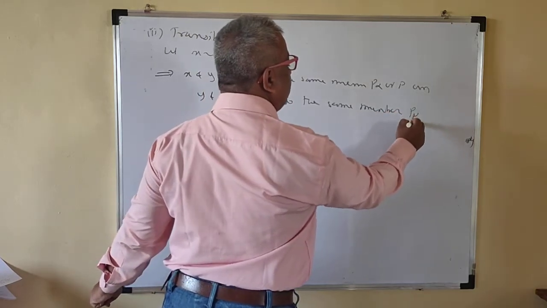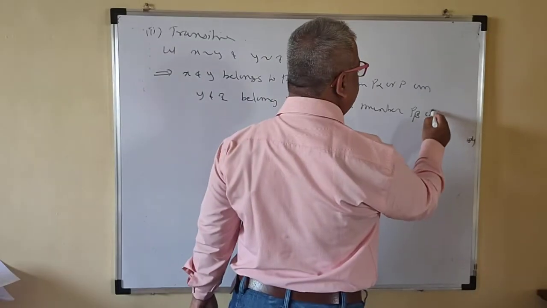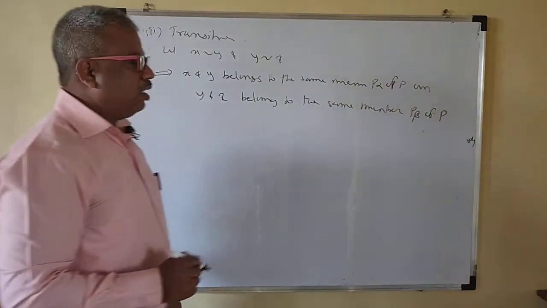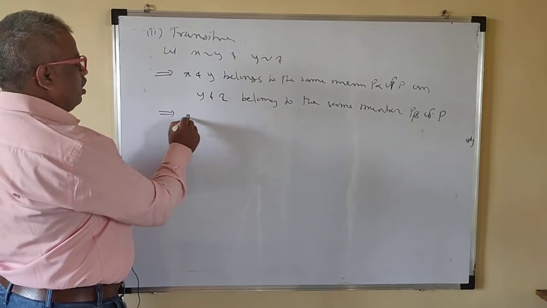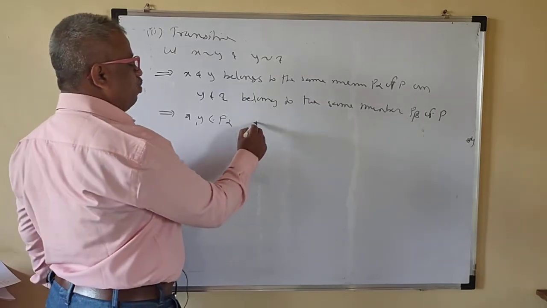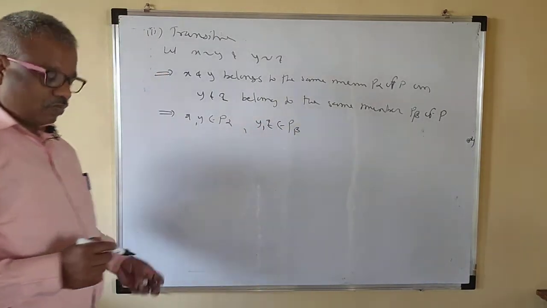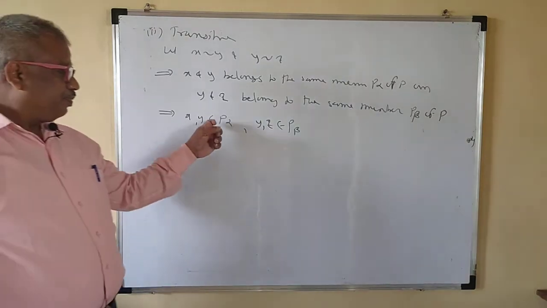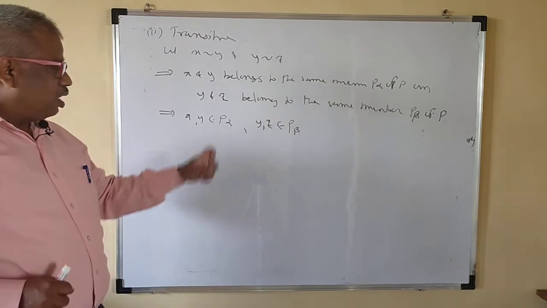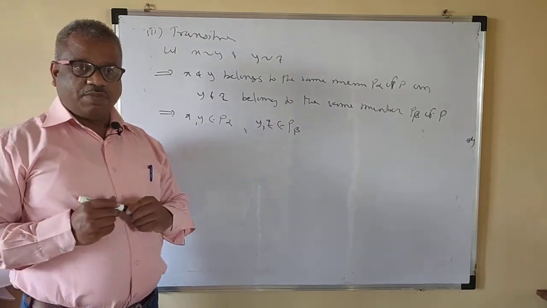I can take here P_beta of P. That means this implies that X, Y belong to P_alpha, and Y, Z belong to P_beta. What do I have to prove? X and Z belong to the same member. That means I have to prove P_alpha is same as P_beta.